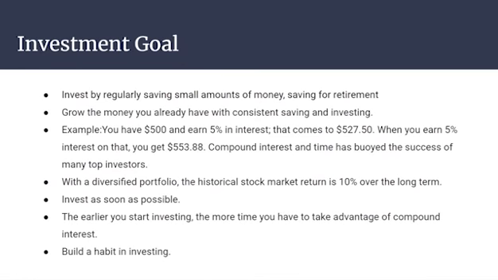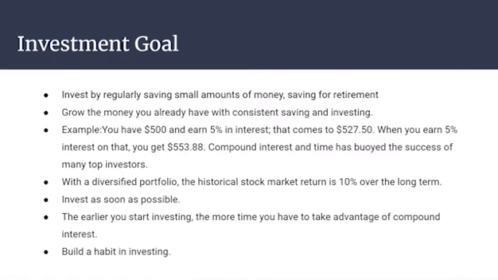The investment goal here is investing by regularly saving small amounts of money, saving for retirement, and growing money you already have with consistent saving and investing. For example, if you have $500 and earn 5% in interest, it comes to $525.